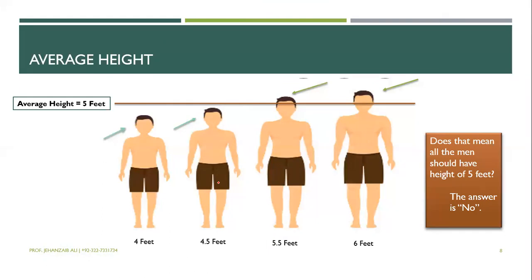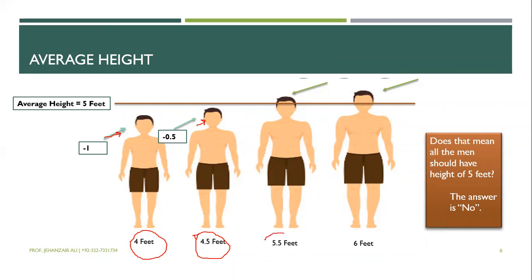So again, looking at the diagram, you can see these two individuals, the one is this one and the other is this one. The first individual having the height of 4 feet is falling short of average height by 1 foot, and the other individual having a height of 4.5 feet is falling short of the average by 0.5 feet. That's why the negative sign has been assigned to them, because their height is below the average height.